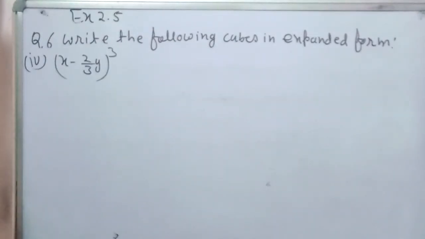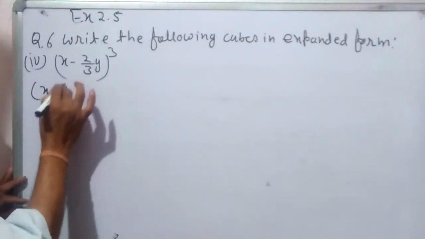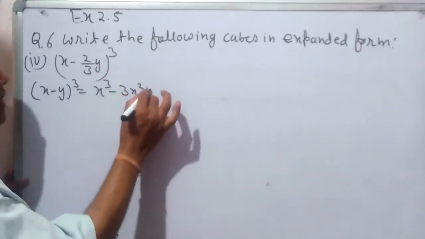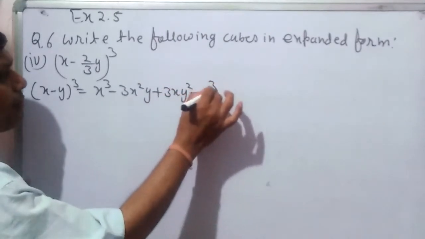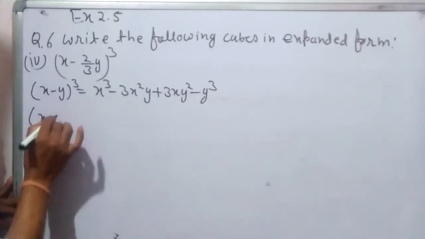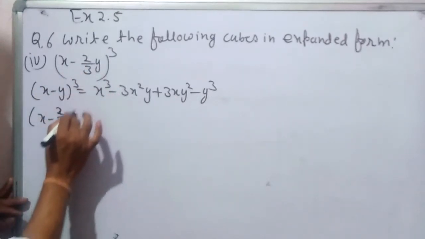The fourth and the last part of this is (x minus 2 upon 3y) whole cube. Here we have to apply the identity (x minus y) whole cube, that is x cube minus 3x square y plus 3xy square minus y cube. Place the values. In place of x we have x only, but in place of y we have 2 upon 3y.